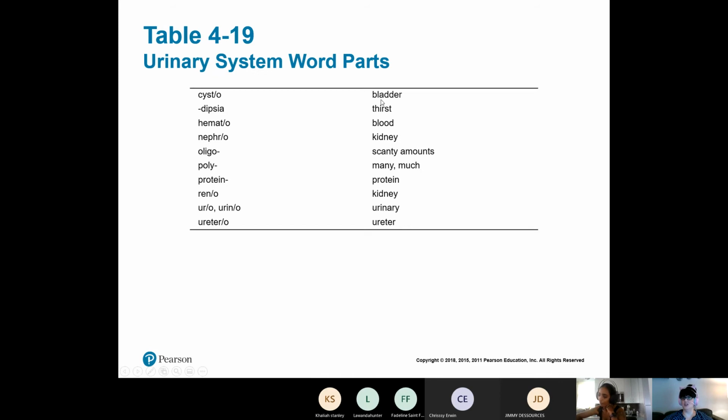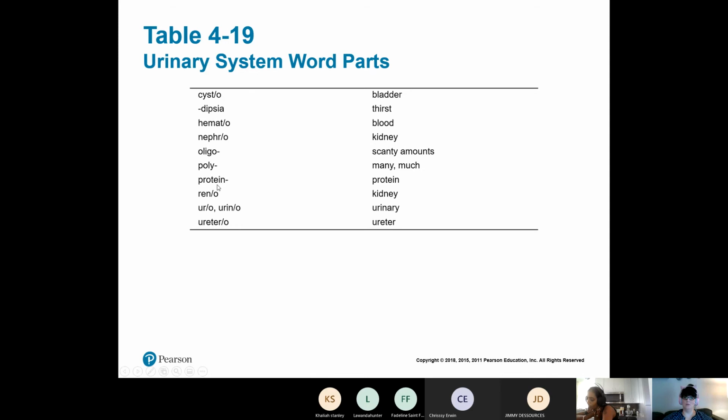Cysto is anything dealing with bladder. That's why if a patient has cystitis, they have a bladder infection. Hemato, blood, nephro, kidney, oligo, we saw this before. It meant scant, right?